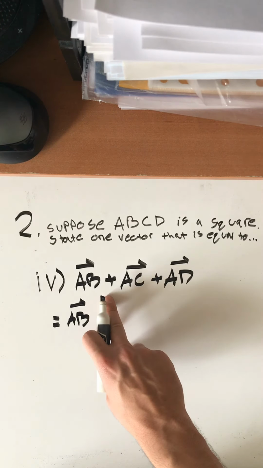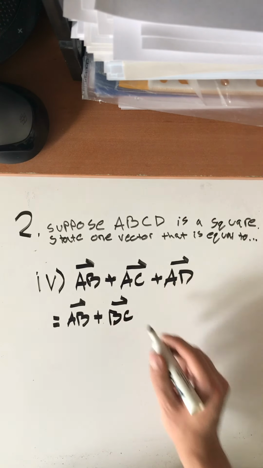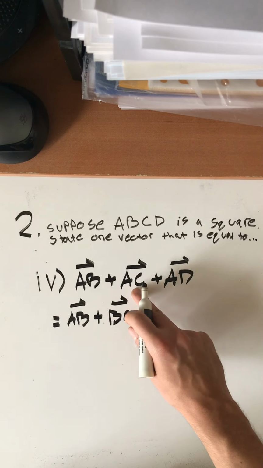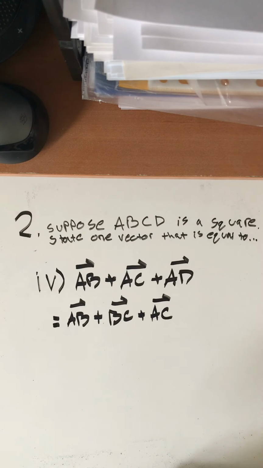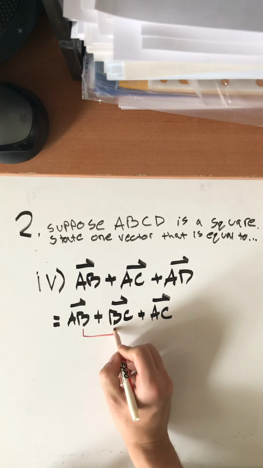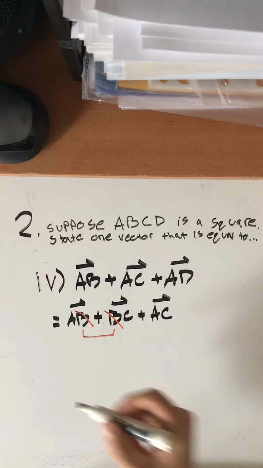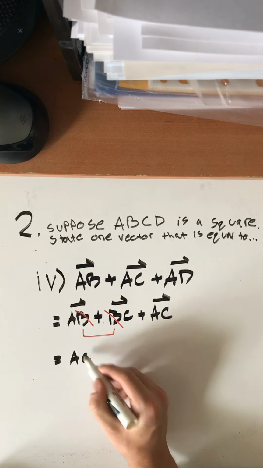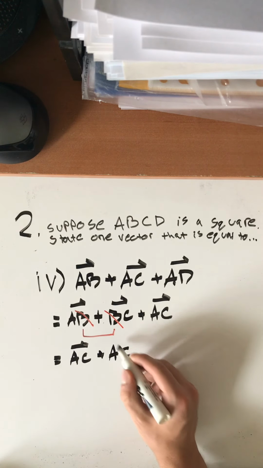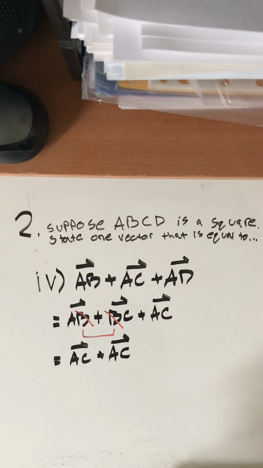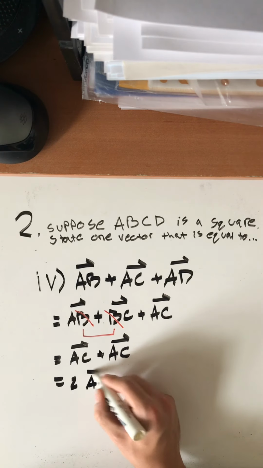We can still just put it right there so we can cancel out the like terms. So we could say plus BC. And then we could just have our other term AC right there. So we find the like terms, we cancel them out, resulting in vector AC, which is our new vector, plus we have another AC here, which we could simplify as just 2 AC.